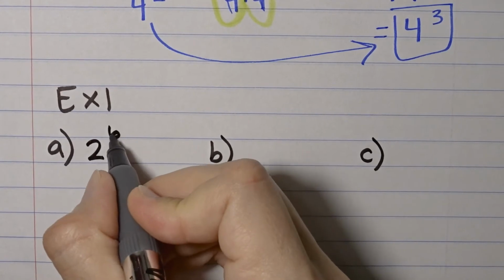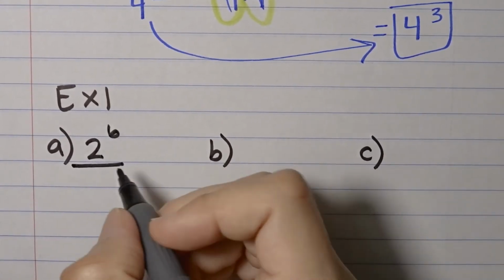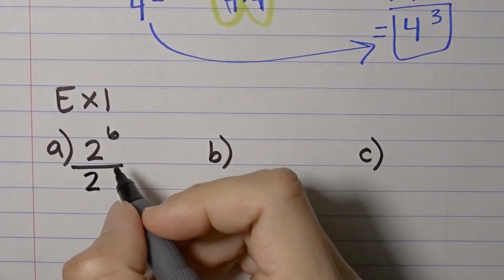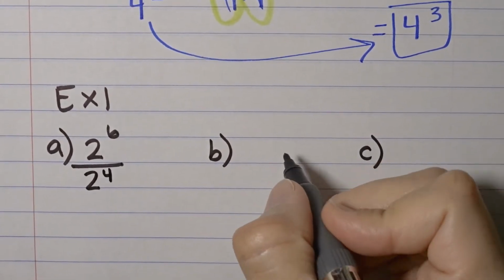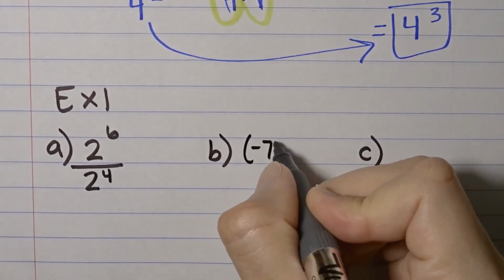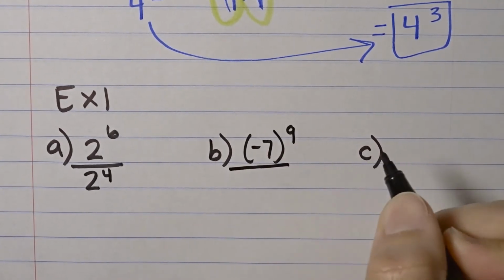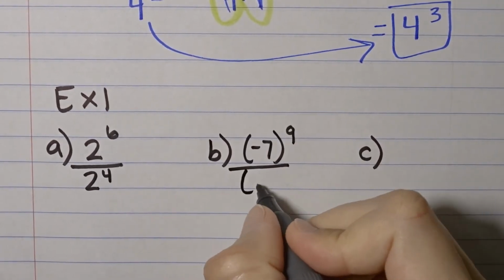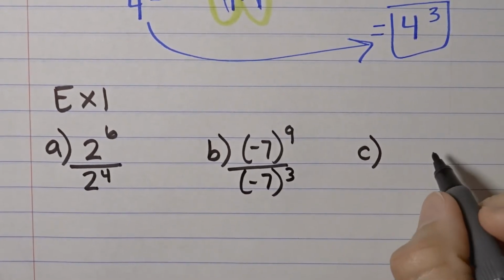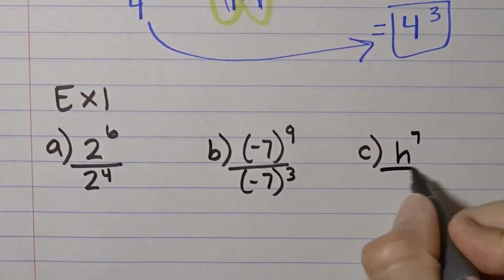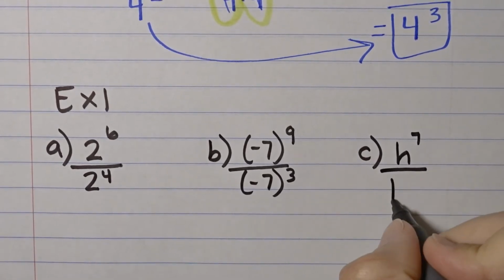So A: 2 to the 6th divided by 2 to the 4th. Then B: negative 7 to the 9th divided by negative 7 to the 3rd. And then C says h to the 7th power divided by h to the 6th power.